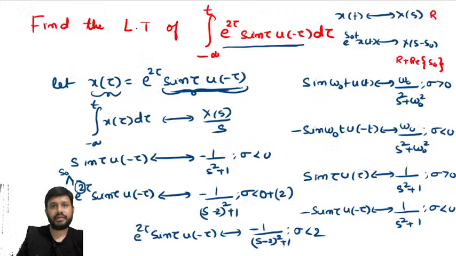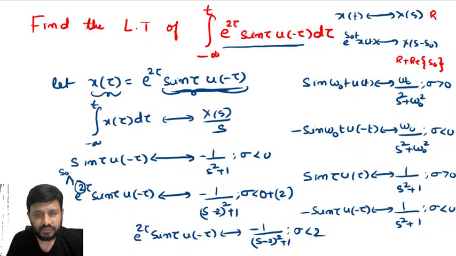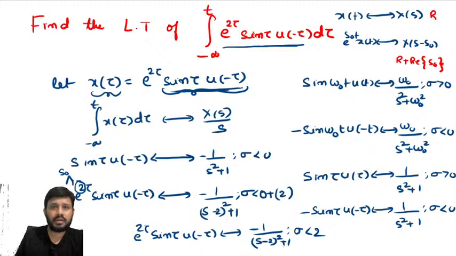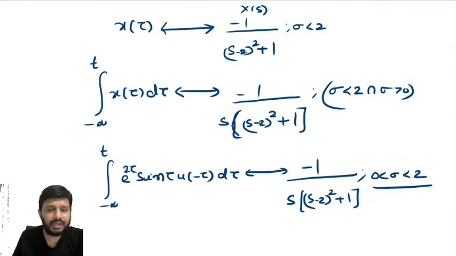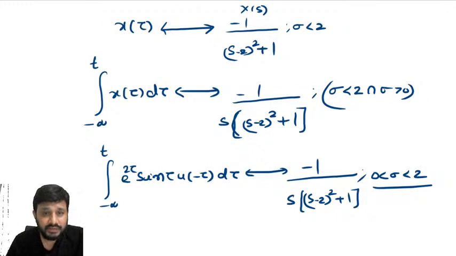Yes. In this way, we have to get the Laplace transform. Today we have seen only two properties, that is convolution in time and integration in time. Actually we are supposed to discuss the unilateral Laplace transform, which is used for analysis of causal LTI systems by solving differential equations with non-zero initial conditions.